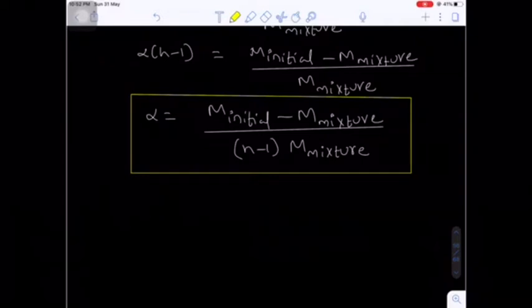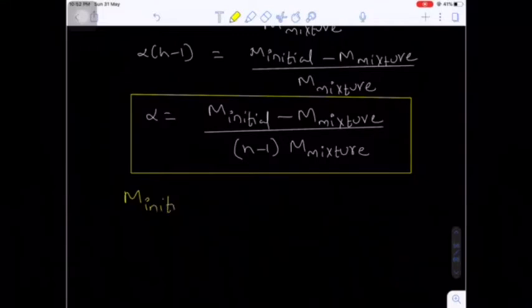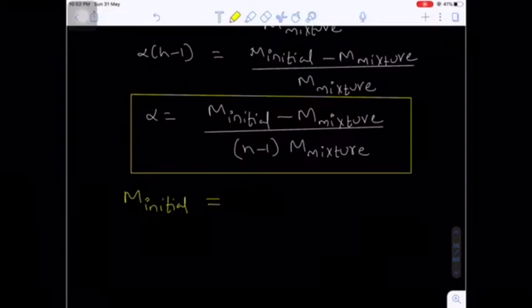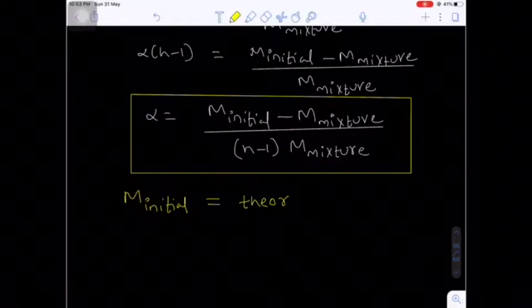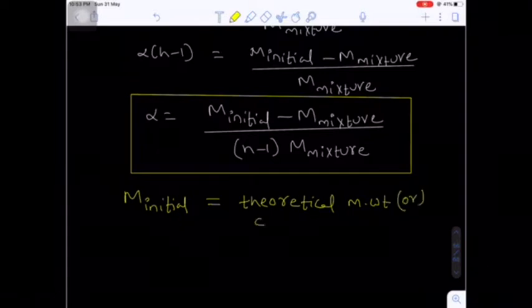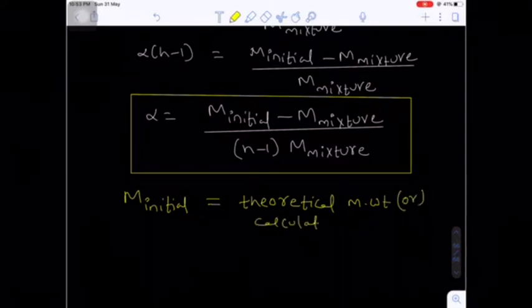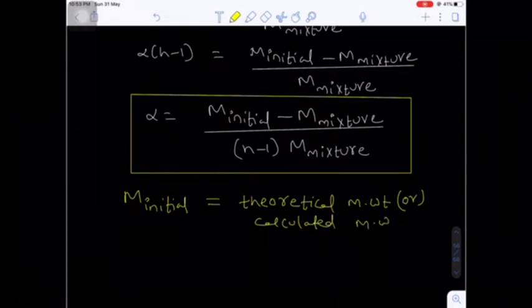Now here molecular weight initial is also referred to as the theoretical molecular weight or calculated molecular weight.